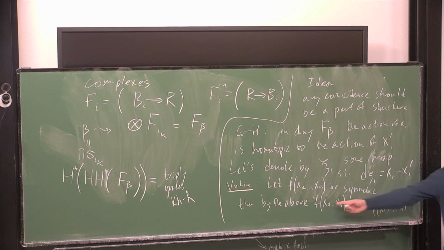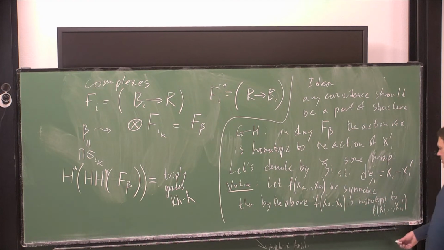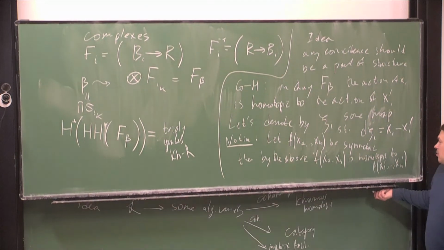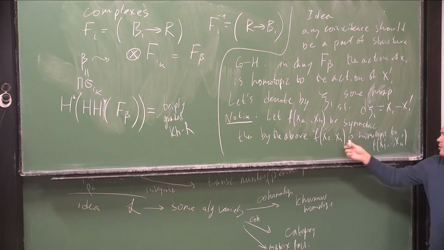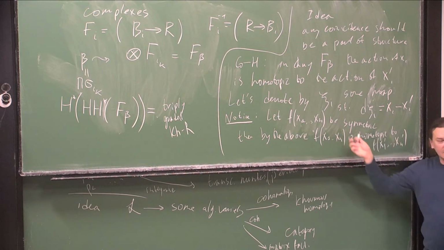Each of them separately is homotopic, and you can prove that this is also true for polynomials. But because f is symmetric, and if you remember the construction, all our modules are such that the action of any symmetric function on the left is the same as the action on the right. So now we see that this is homotopic to this, and also it is equal. So they are equal in two different ways.